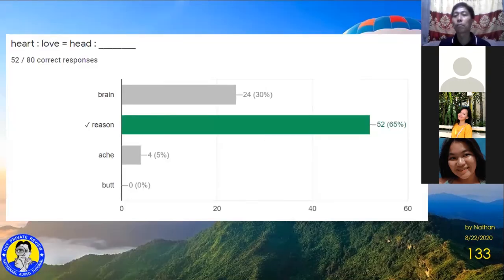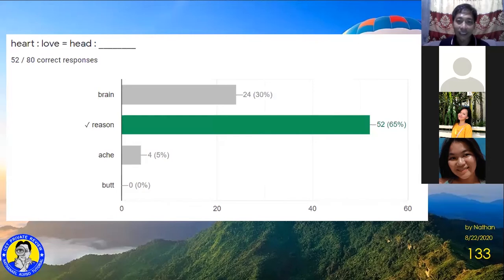I know this is your favorite topic, heart, then love, then head is blank. So if you are not able to answer this correctly, wala kang jowa. Because we know that heart, we use it for love, right? In the same way as we use our head for reason.